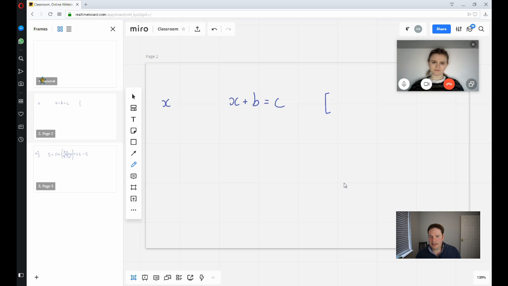And secondly, in the exams, if you get anything wrong, the examiner's going to want to try and work out how many marks to give you. And if he thinks you understand it because you showed you knew what you're doing, then you're much more likely to get more marks. So on this one, we're simply going to take b off of both sides. And so we're going to be left with just x on that side and c minus b on that side.